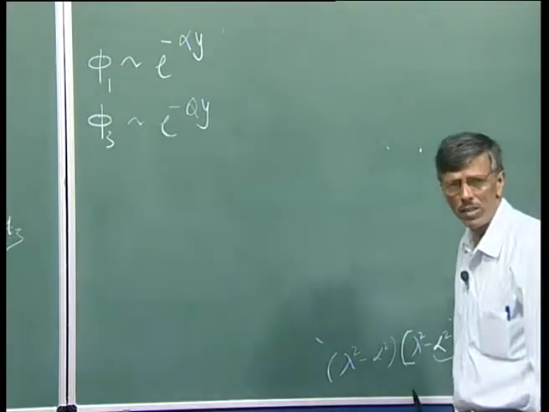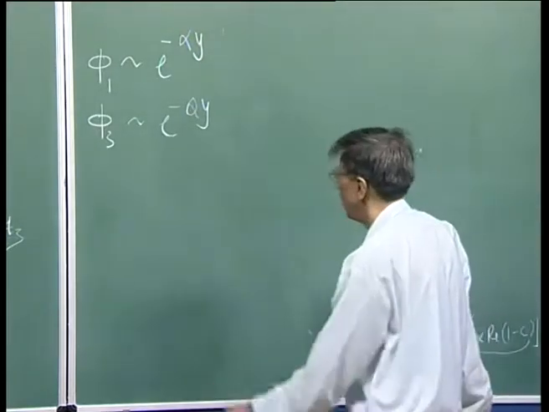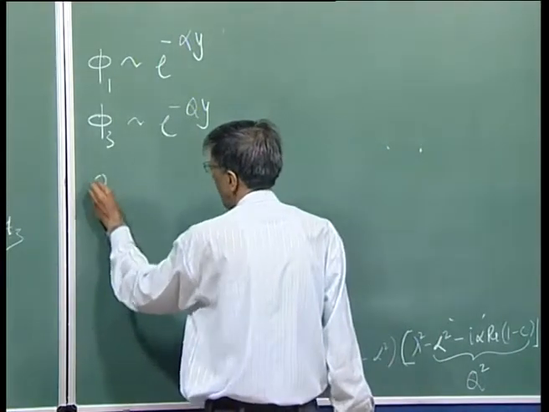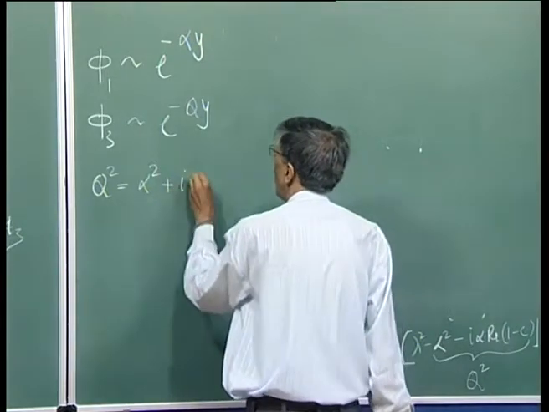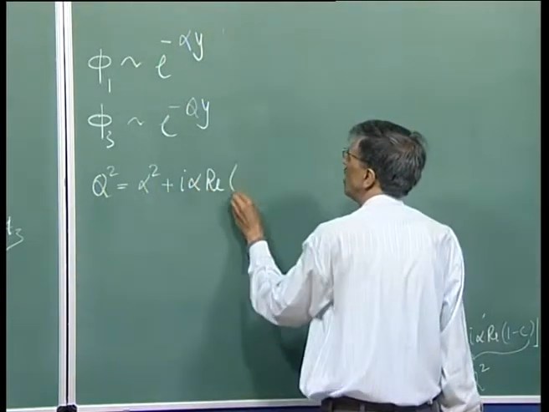What did we also find? We have noted that q square is nothing but equal to alpha square plus i alpha Re into 1 minus c.